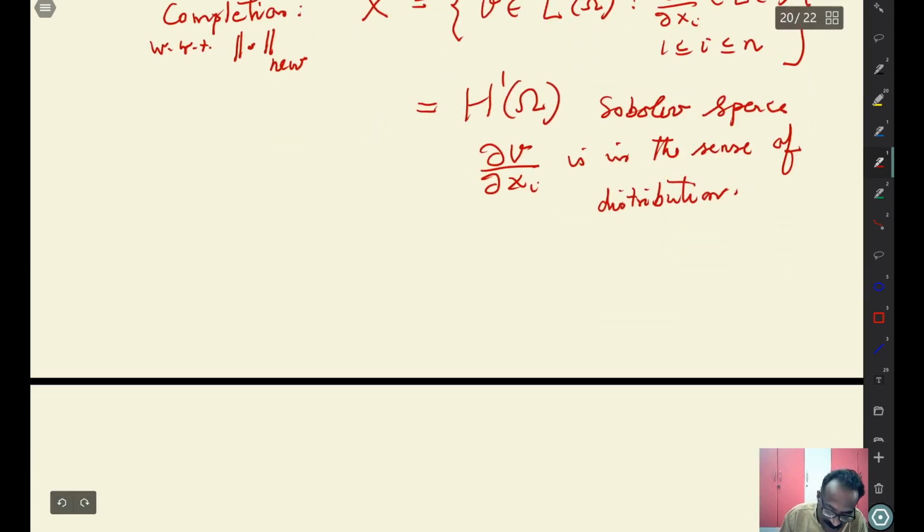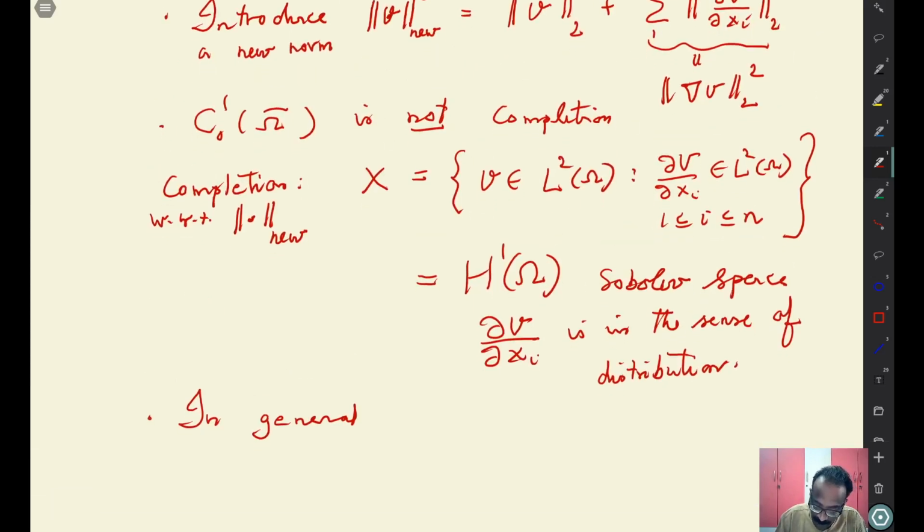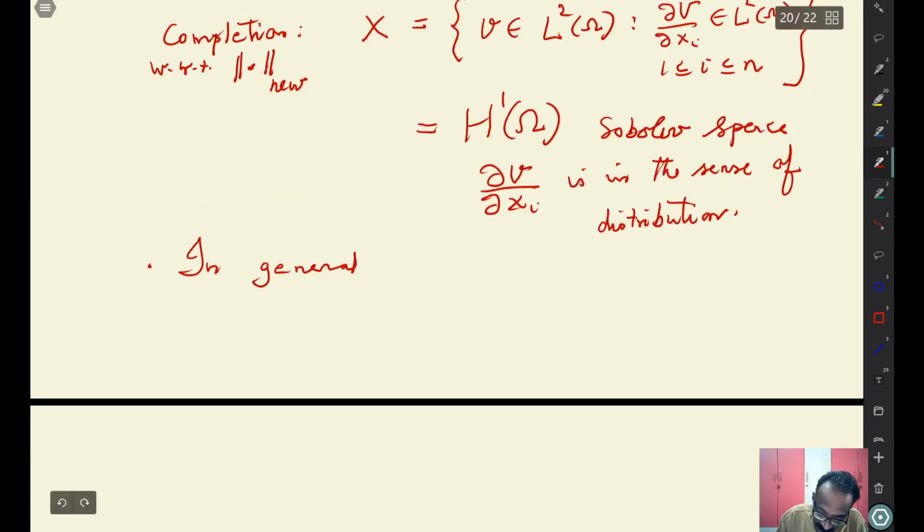In general, not the completion of C1 naught of omega, but in general we can define this, denoted by H1 naught of omega. Here v is also equal to 0 on the boundary d omega.